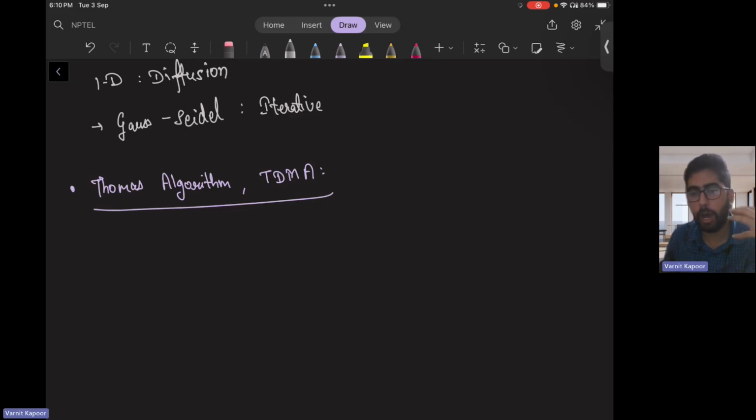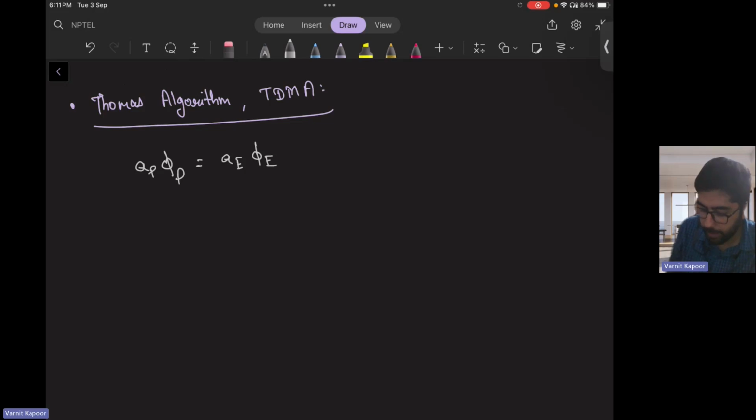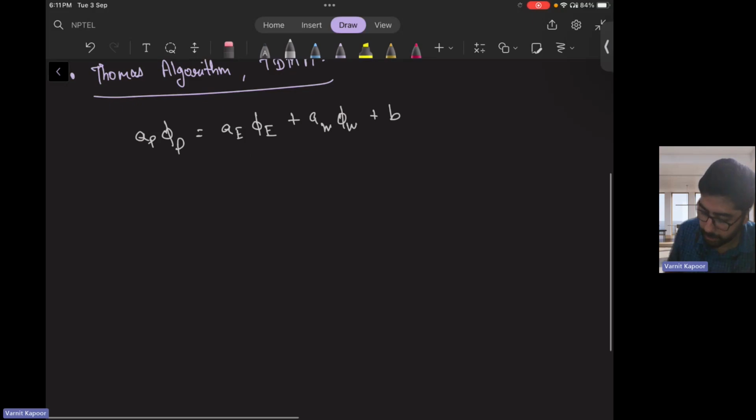As we know how the equation is formed after going through the previous tutorials, the general form of the equation, if P is the point of consideration, is: AP phi P is equal to A east phi east node plus A west phi west node, plus some B for some source term or other constants.